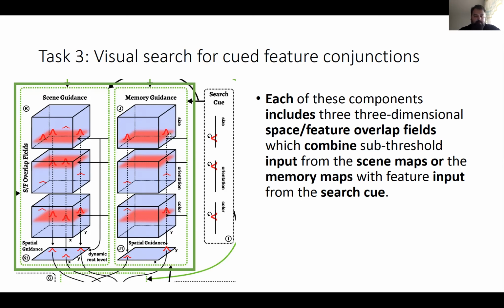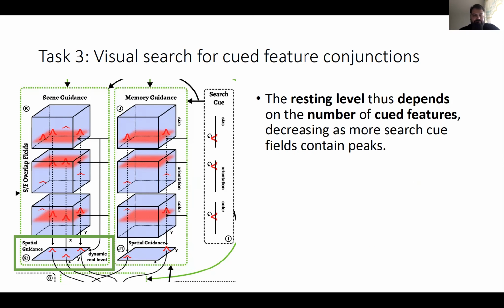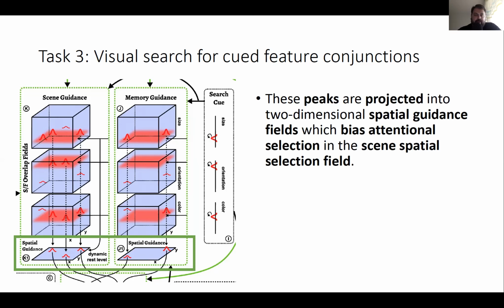So peaks will emerge at locations where there's a sufficient overlap between the inputs. Okay, these peaks are projected into two-dimensional space guidance fields, and these both bias the attention selection and the scene space selection field.